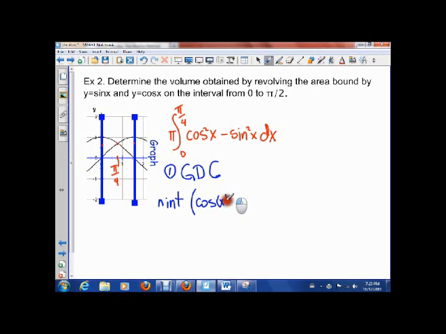Remember, you're going to have to type in everything like that, minus sine x squared, comma, your independent variable, lower bound, upper bound. Okay? And then you're going to have to multiply all this by pi, because it's pi times that. Okay? And that'll give you your area 1. Okay? And then you'll do the same thing for area 2, and you'll add them together.